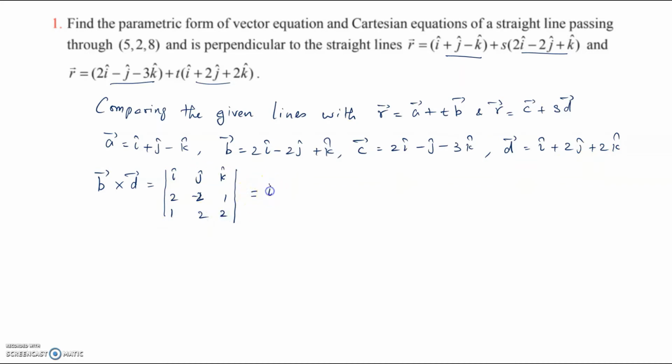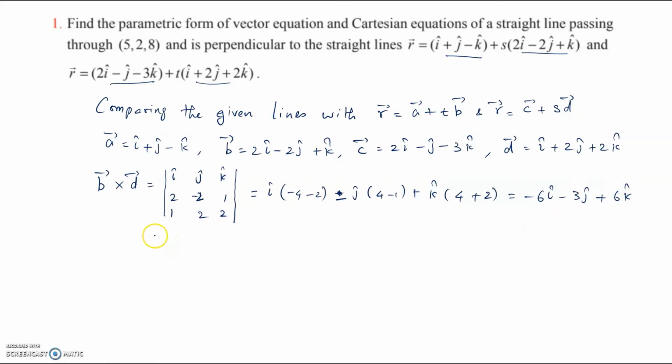Further, if we solve this, i cap into (−4 − 2) plus j cap into (4 − 1), with a minus sign here, plus k cap into (4 + 2), you get this as −6i cap − 3j cap + 6k cap.